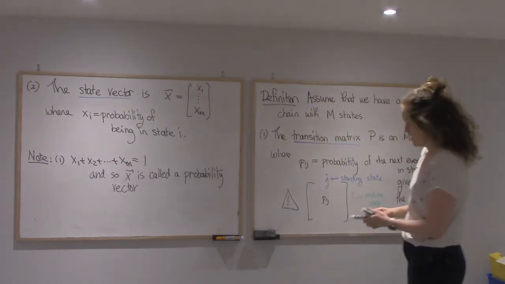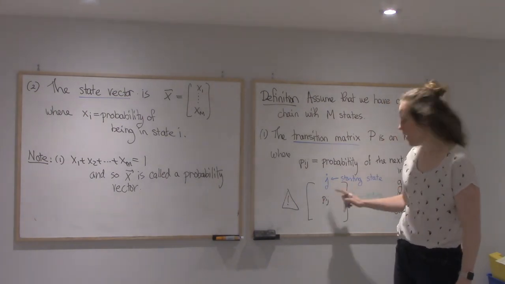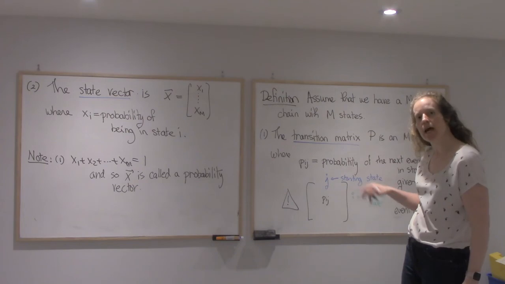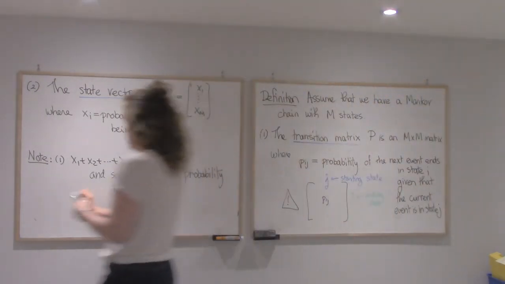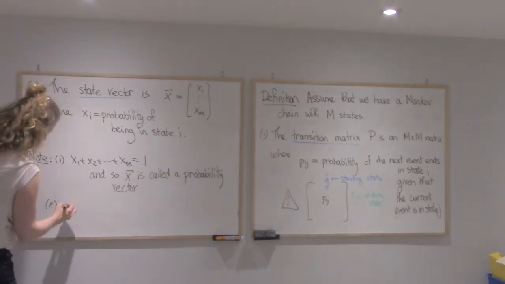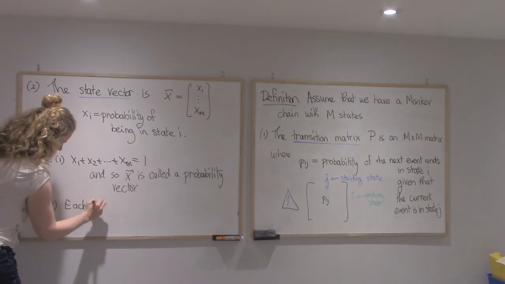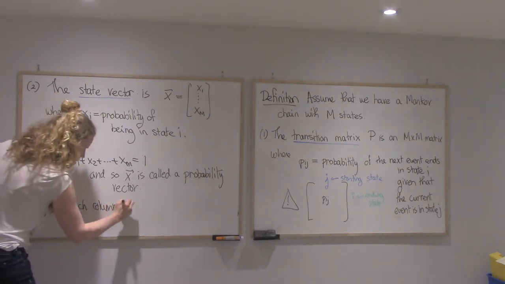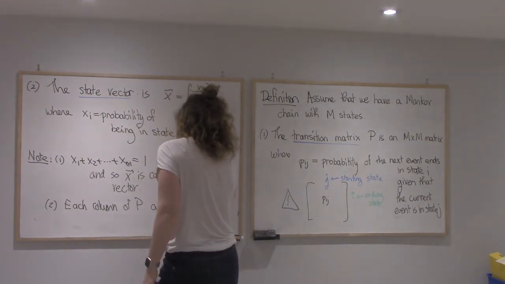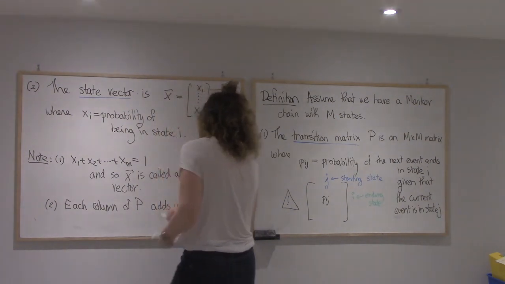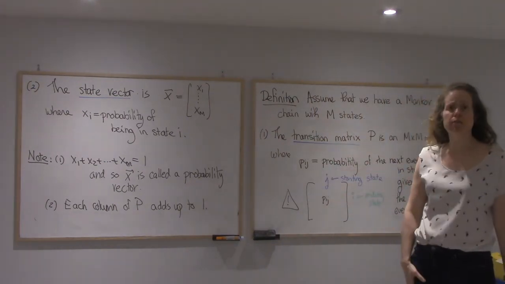Second thing is if you look at a column here, then you have one fixed starting state and you look at all potential outcomes. So second, each column of P adds up to 1. So each column would in fact be a probability vector as well.